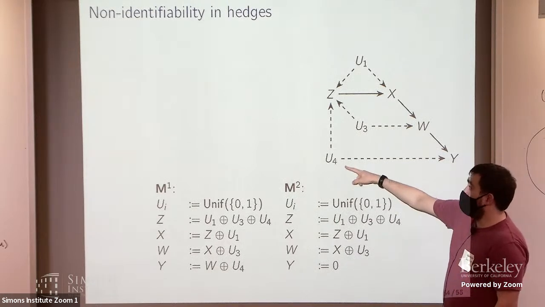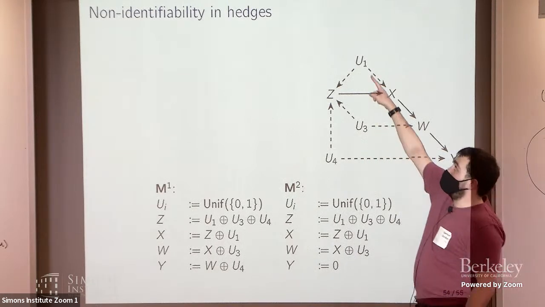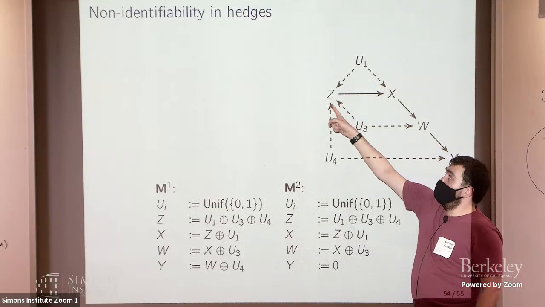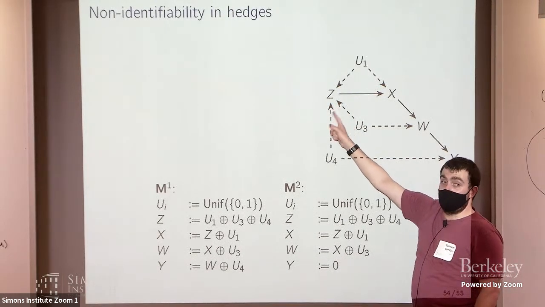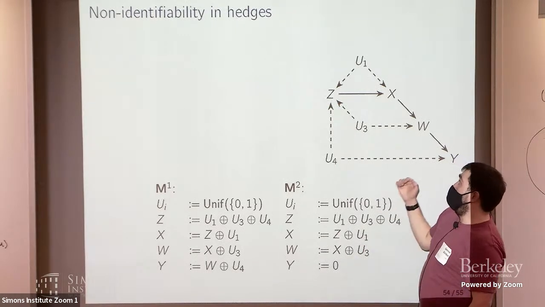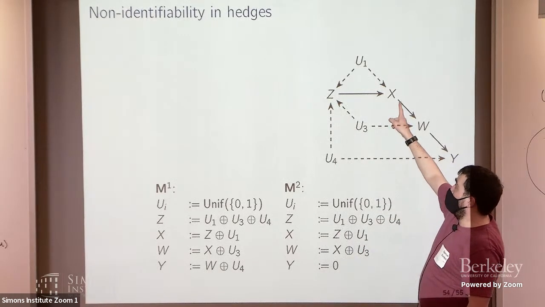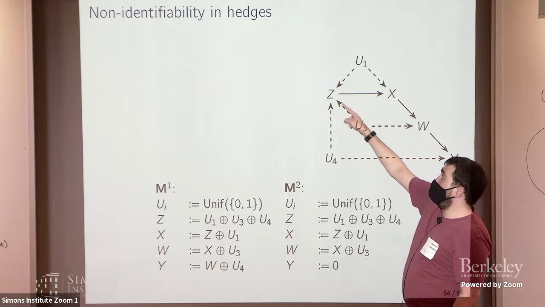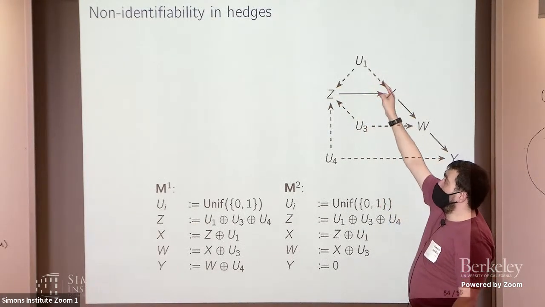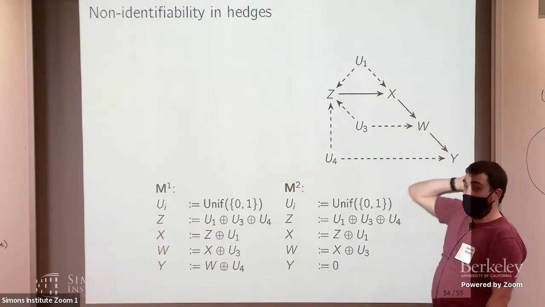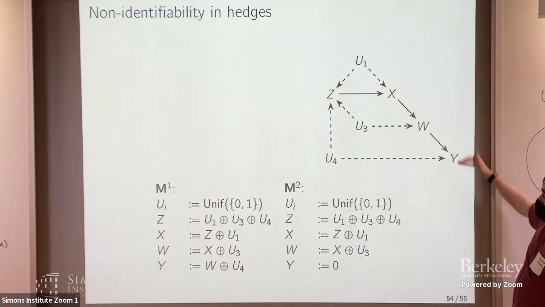So if U4 is 1, U3 is 1, and U1 is 0, then Z is going to take 1 plus 1 plus 0 is 2, mod 2 is 0. And then X is going to take on a value equal to Z plus U1 mod 2. So if U1 was 0 and Z is 0, then X is going to be 0 as well. So that's how we generate the data.